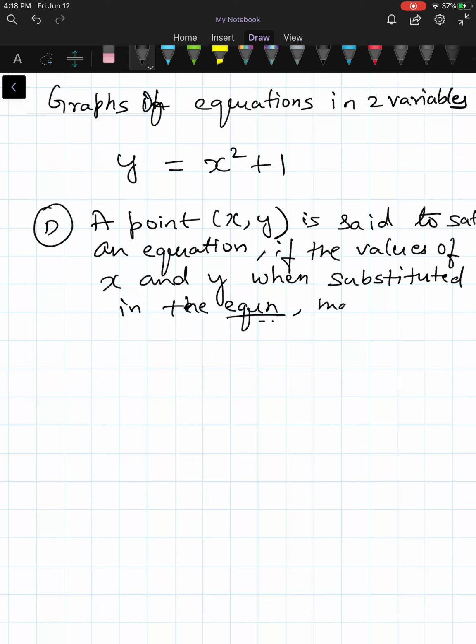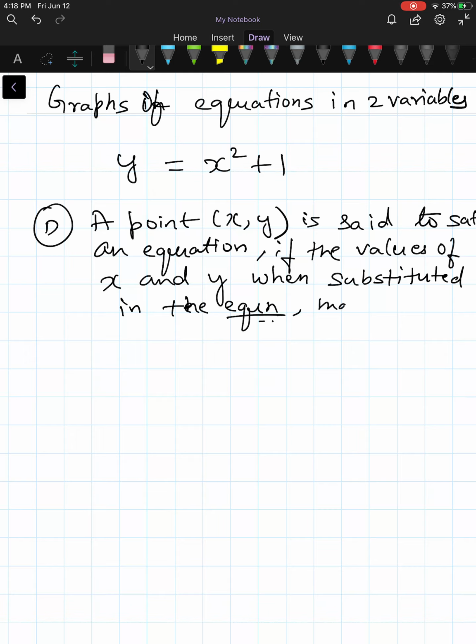For that we consider the RHS, that is x square plus 1. For x is equal to 3, it would be 9 plus 1, that is nothing but 10, which is our y, and therefore RHS is equal to LHS. So that means (3, 10) satisfies the given equation y is equal to x square plus 1.